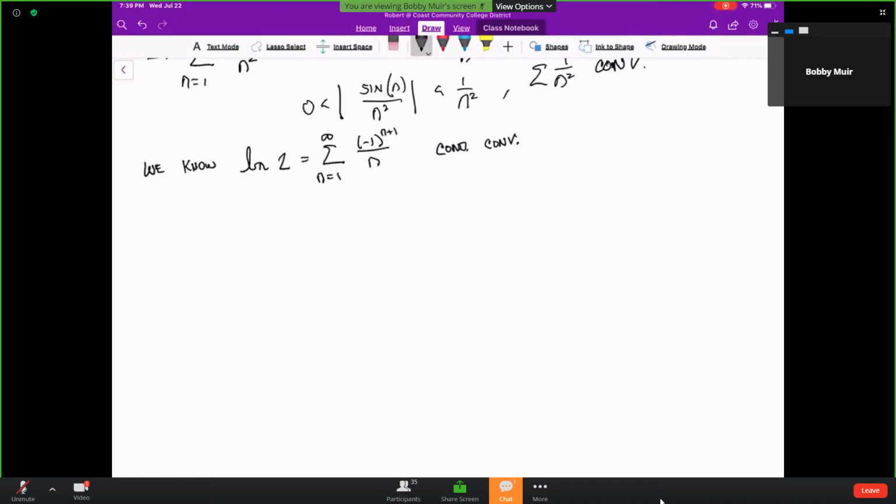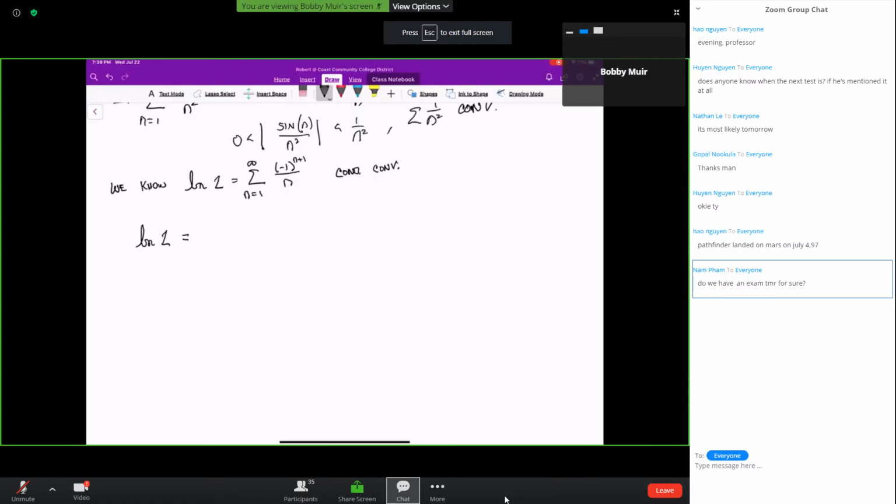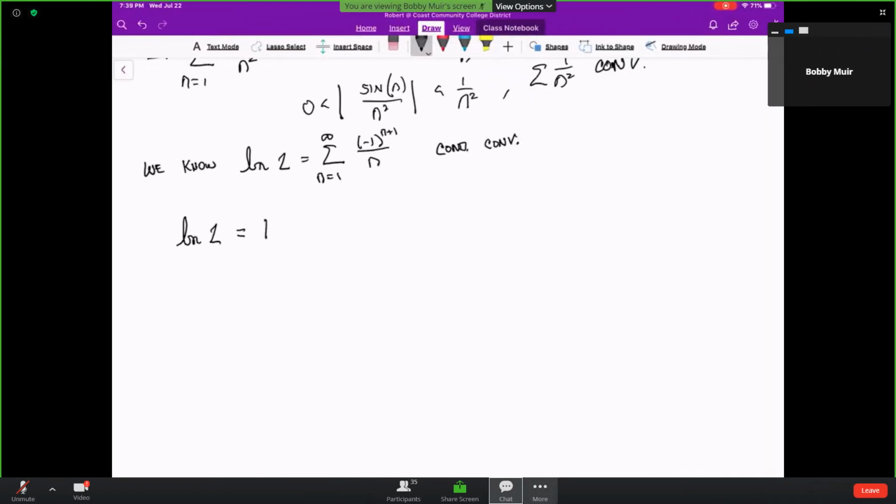So if I was to write this out, like the natural log of 2, I'll write out a bunch of terms here. 1 minus 1/2 plus 1/3 minus 1/4 plus 1/5 minus 1/6 plus 1/7 minus 1/8 plus 1/9 minus 1/10 plus 1/11 minus 1/12 plus minus.